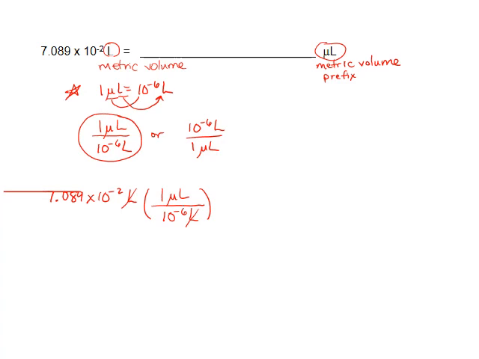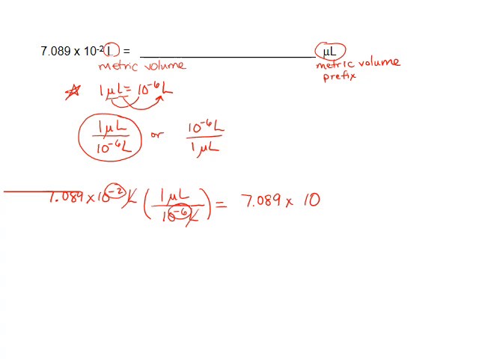Next, we want to perform the math. In this case, we don't really need to use a calculator because we're only multiplying or dividing powers of 10. So we have 7.089 times 10. We want to take 10 to the minus 2 and divide it by 10 to the minus 6.